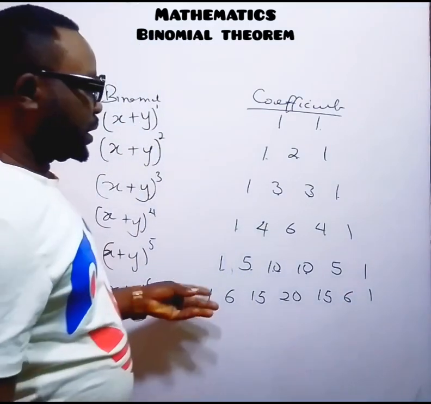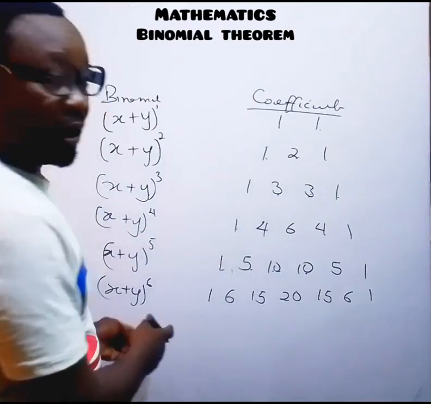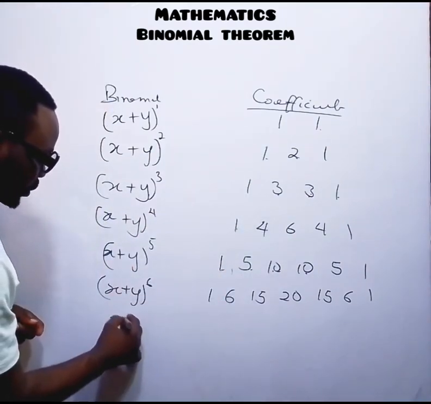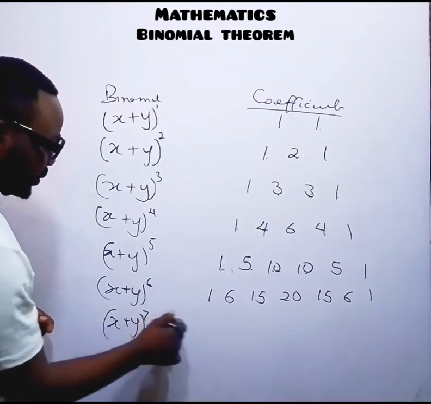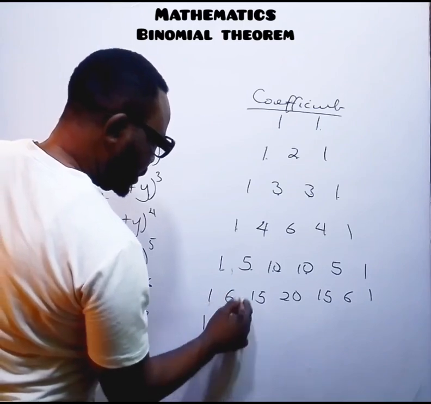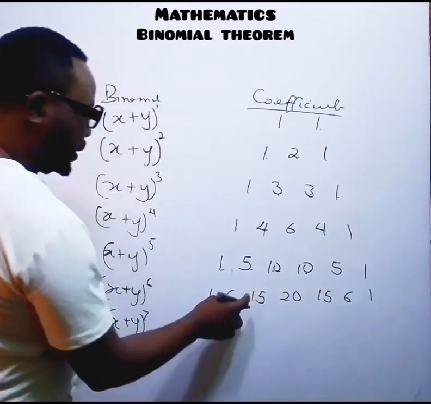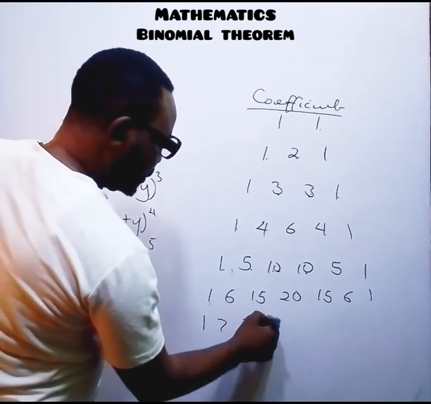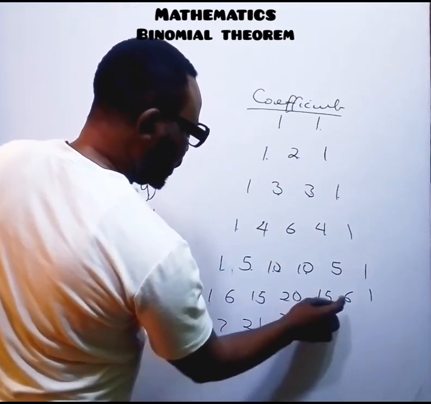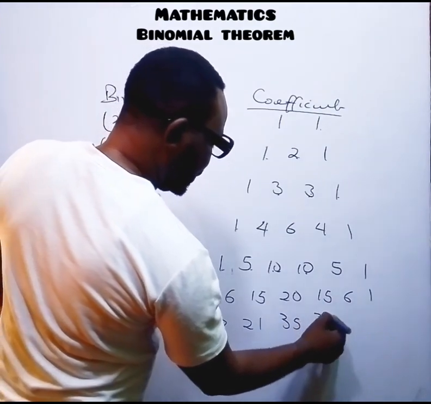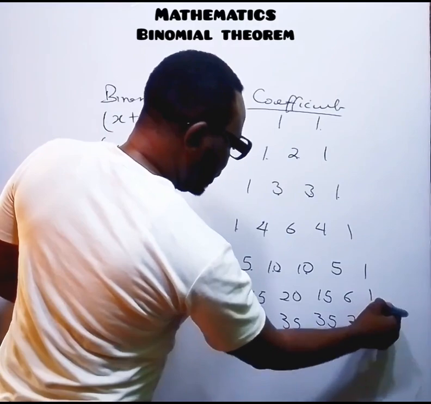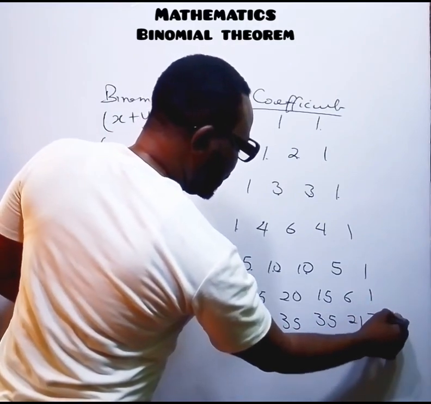Now, let me give you the seventh one. The seventh power of x plus y will be 1, 1 plus 6, 7, 6 plus 15, that will be 21, 15 plus 20, that's 35, 20 plus 15, that is 35 as well, 15 plus 6, that is 21, 6 plus 1, 7, and 1.